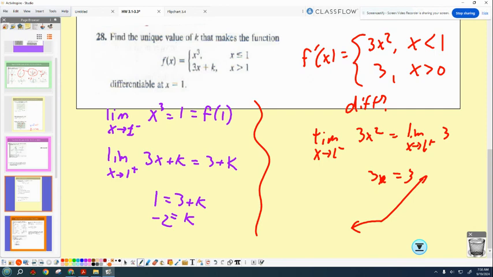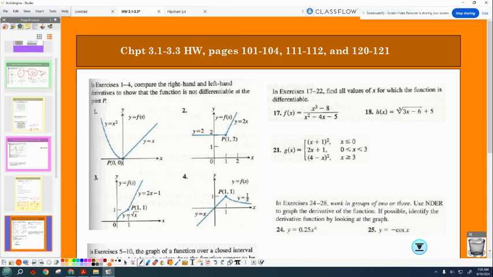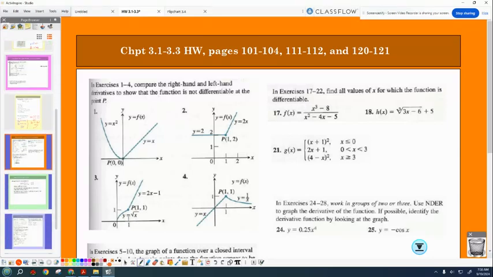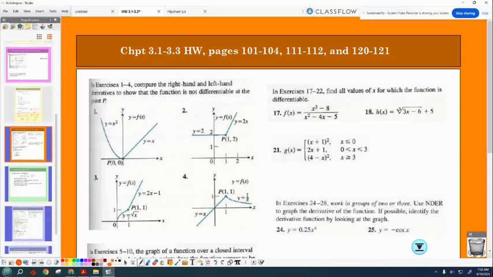You guys are okay with those? Okay, because it gave you step-by-step solutions through them. Anything from 3.3 that was still part of the homework? I've lost track of what's where.